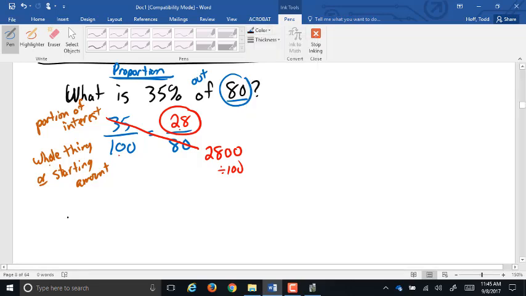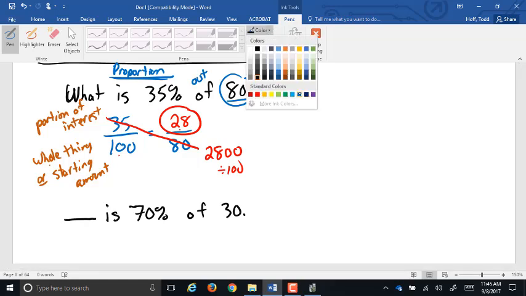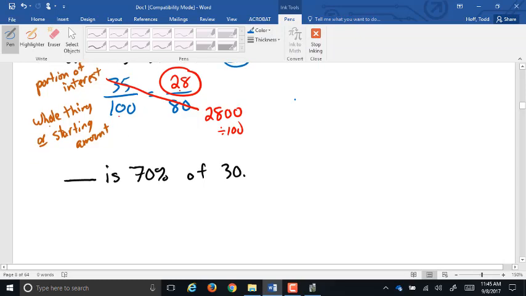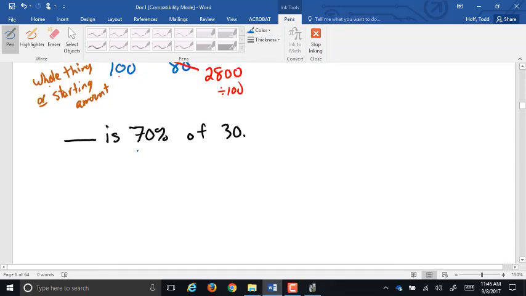There are a lot of different ways of wording this. Instead of saying what is 35% of 80, we could ask it like this. Blank is 70% of 30. So again, we're going to start with the percent. 70% will be 70 over 100.